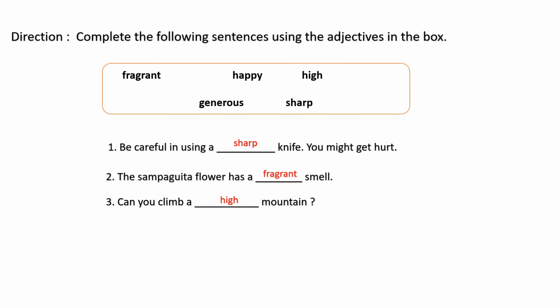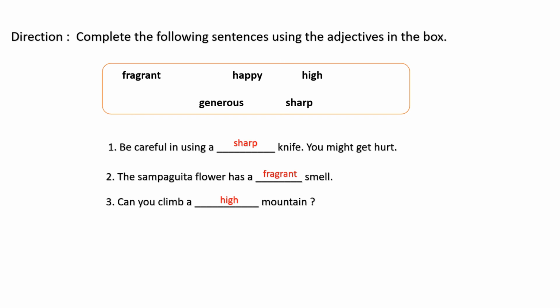Number one, be careful in using a sharp knife. You might get hurt. The best word that could describe the knife is sharp. Yes, that's right. Next, the sampaguita flower has a fragrant smell. Alright, fragrant. Then, number three, can you climb a high mountain? Very good. High is right.